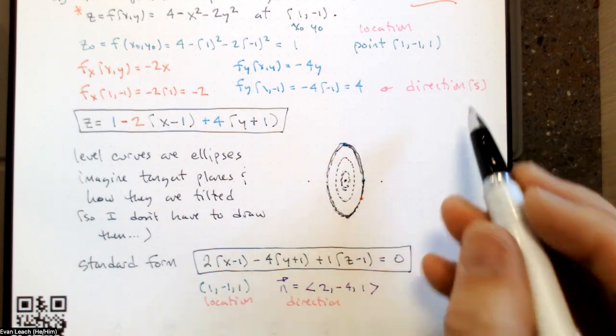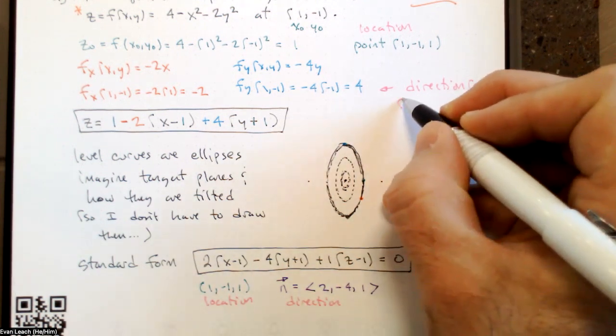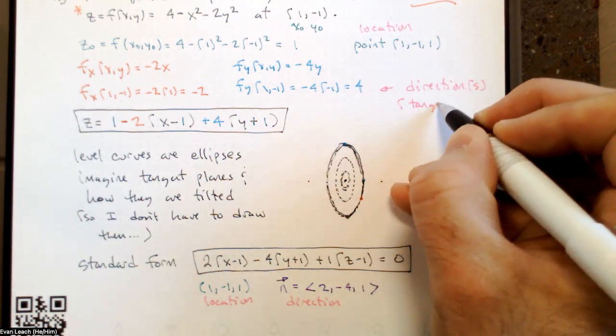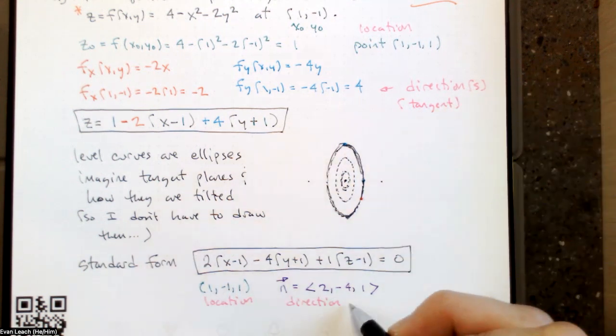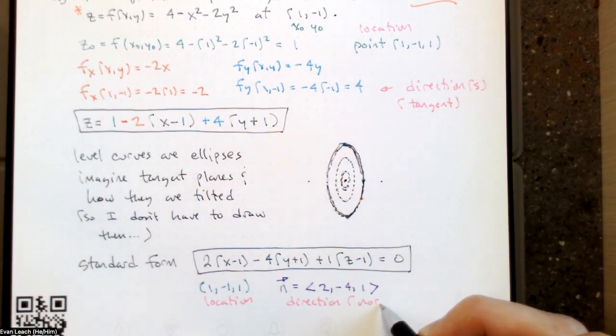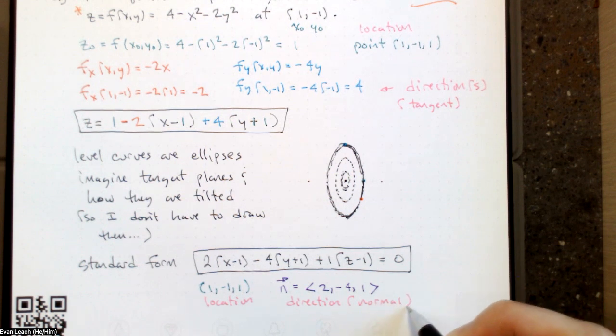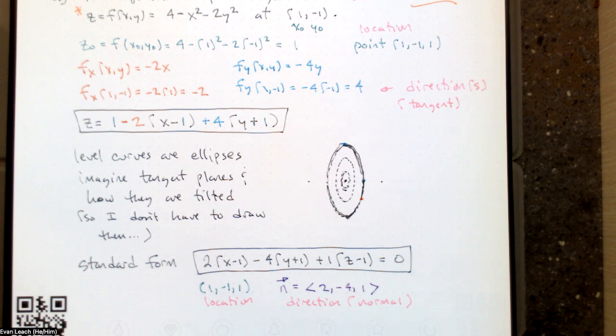So previously we had described the direction with tangent. Here we're describing the direction with a normal, perpendicular to the tangent. Whereas before we were using tangents, which are perpendicular to the normal.